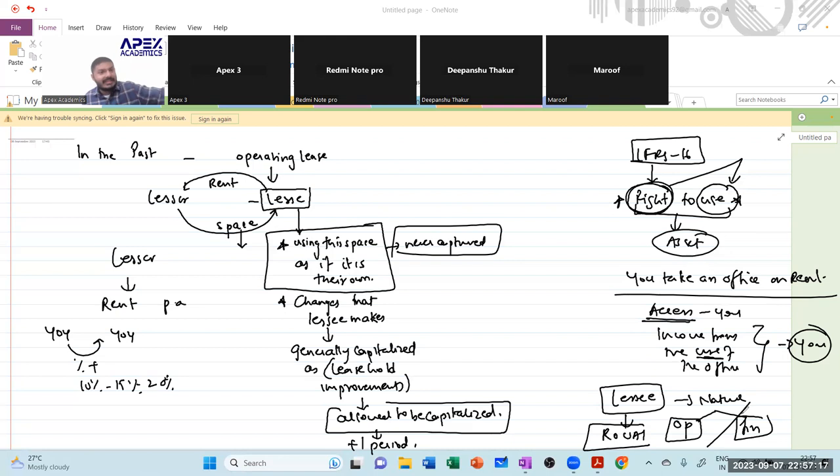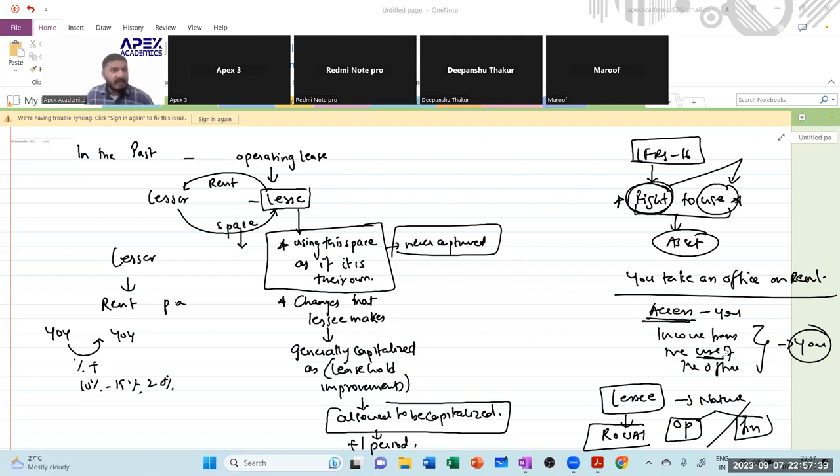For the lessor, it exists. I'm not saying no. For the lessor, it exists. But for the lessee, this difference has gone out of the picture. Now, every asset that the lessee takes on rent or on lease will require a lessee to capitalize a right of use asset and in turn recognize a lease liability against that particular asset.